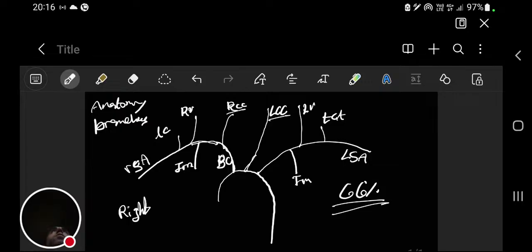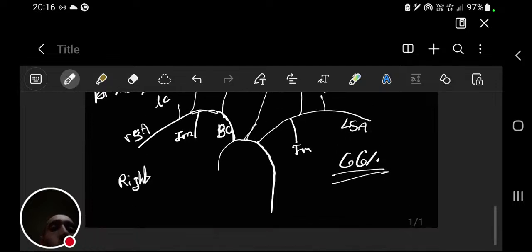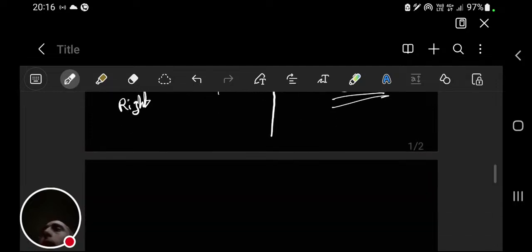Now, the next thing that we will do is look at variance. So let's look at variance of the anatomy, or more accurately, the branches. So again, we start with the normal ascending arch and descending. Okay, this is better.